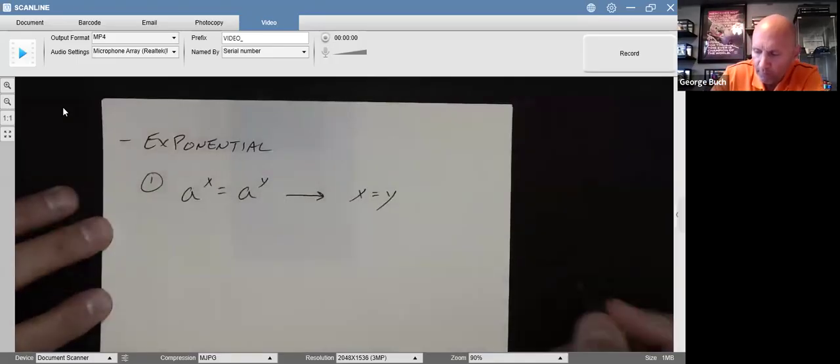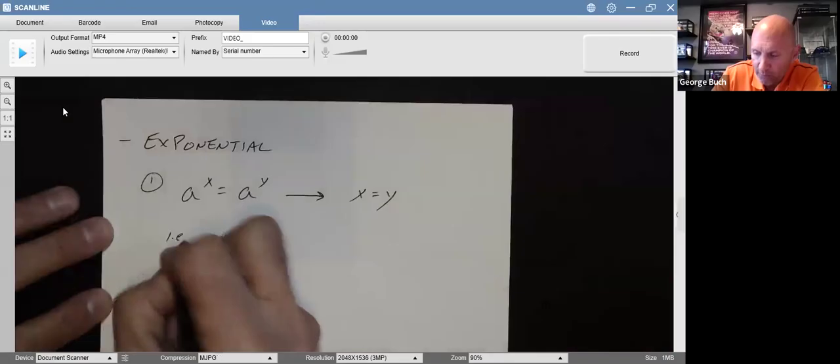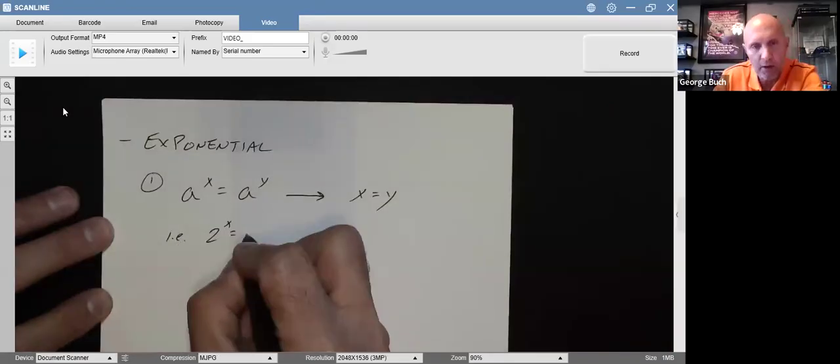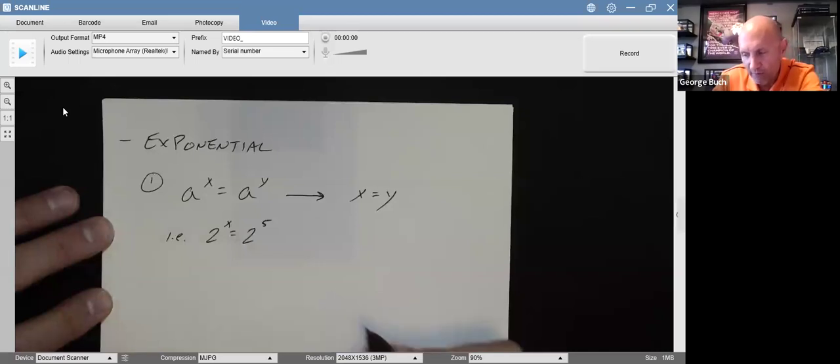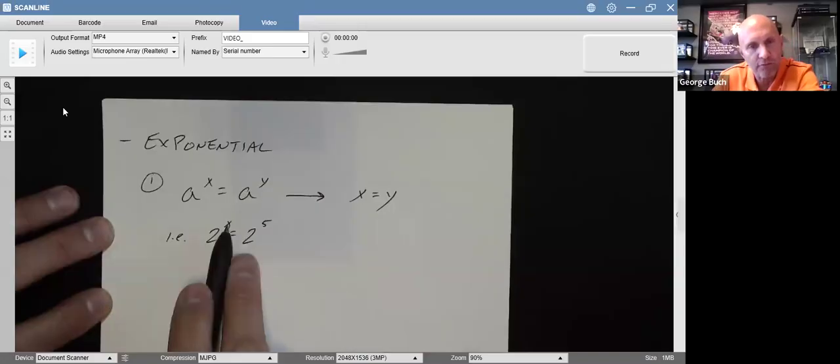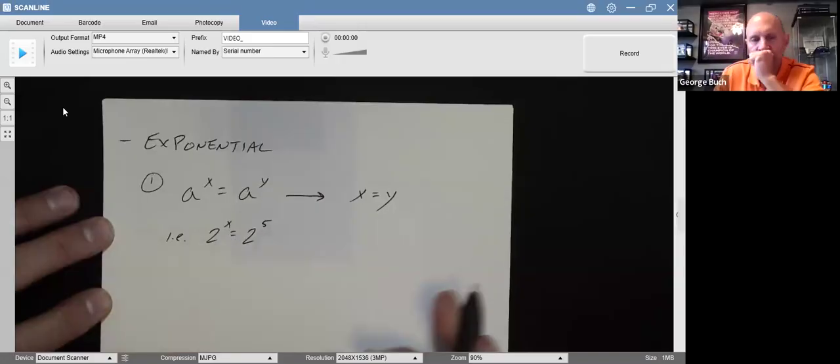So for example, let's keep it simple, if I have 2 to the x power is equal to 2 to the fifth power, the only way, since they have the same base, that these guys are equal is if x equals 5. That's it, right?